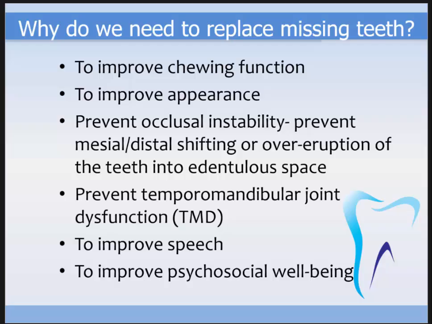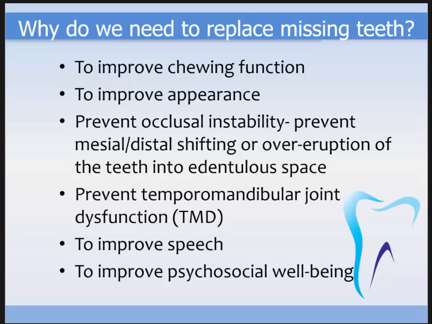Very commonly we want to replace the missing teeth because we want to improve the chewing function. As we know, if you have fewer teeth in the mouth, your chewing capacity reduces. We also want to improve the aesthetics and appearance, especially if you have missing teeth in the anterior. We want to prevent occlusal instability.